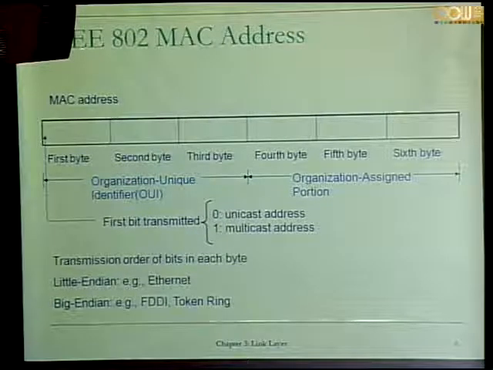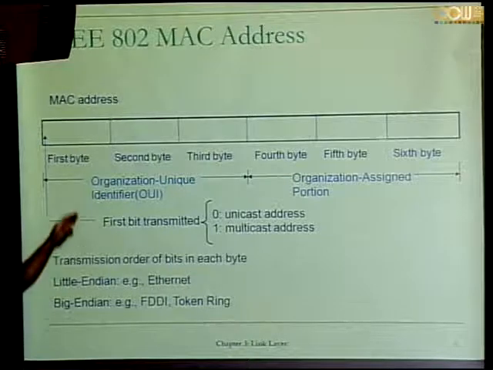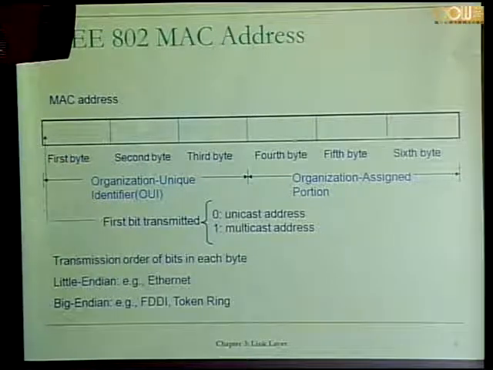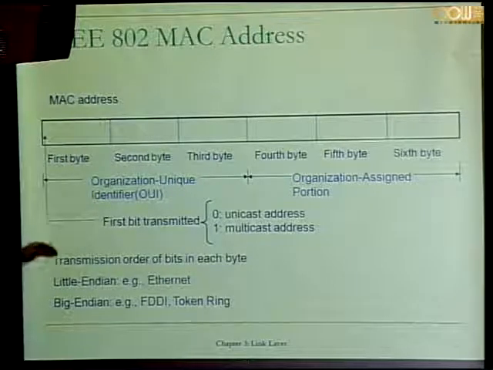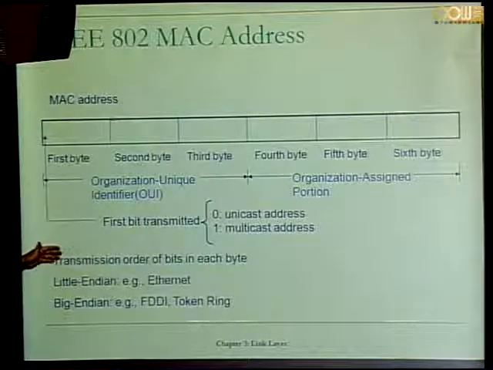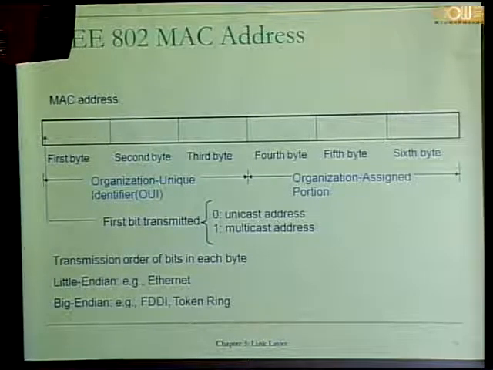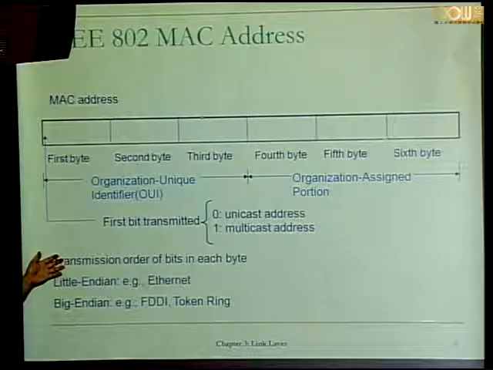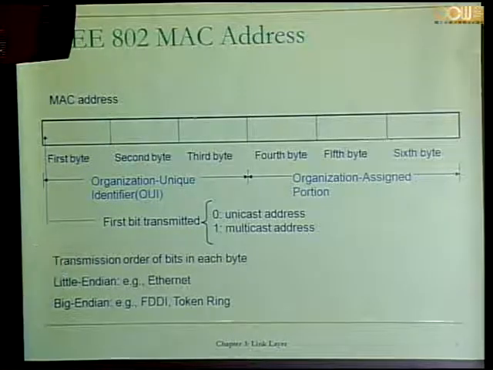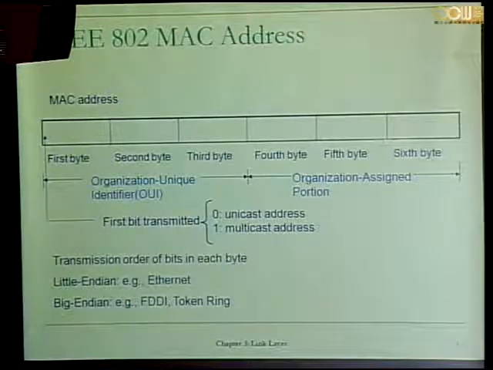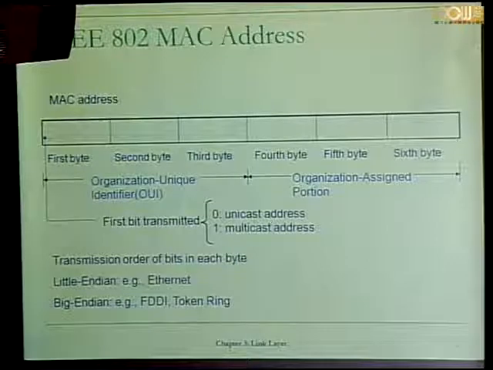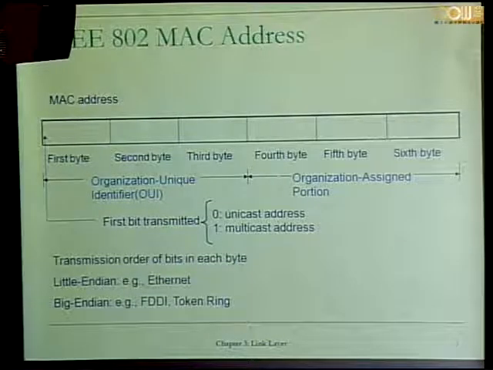So I have 6 bytes, and if my transmission bit order is little endian, and my transmission byte order is big endian, which is in IP. In the IP layer, it says that the network byte order, or the transmission byte order, is big endian.